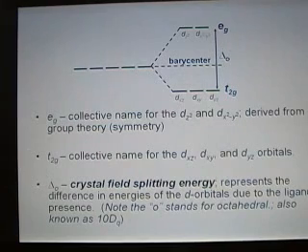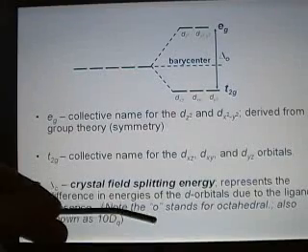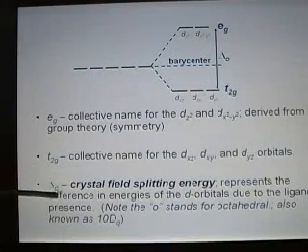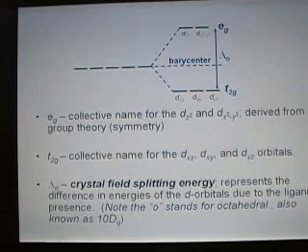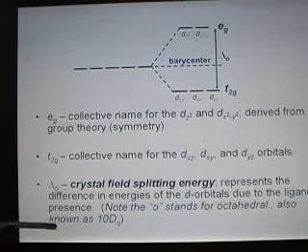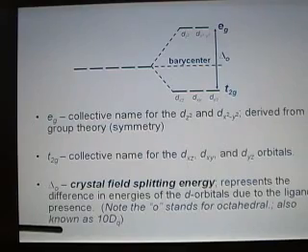Delta naught is called the crystal field splitting energy, and it represents the energies of the d orbitals due to the presence of ligands. The letter o there stands for octahedral, so this is the characteristic splitting for an octahedral ligand field. It's also known, and you'll see it in some books, as 10 Dq.